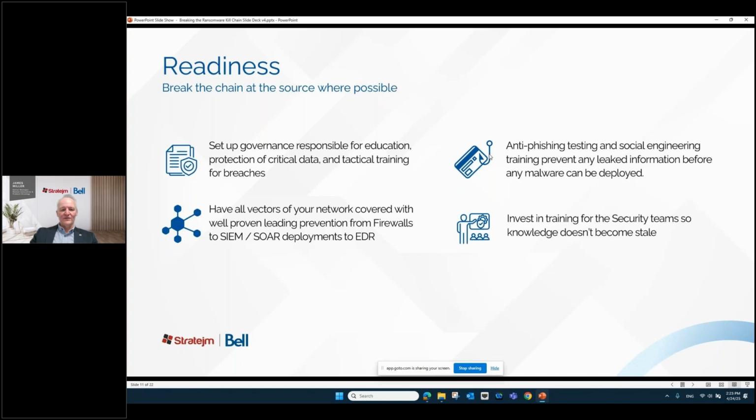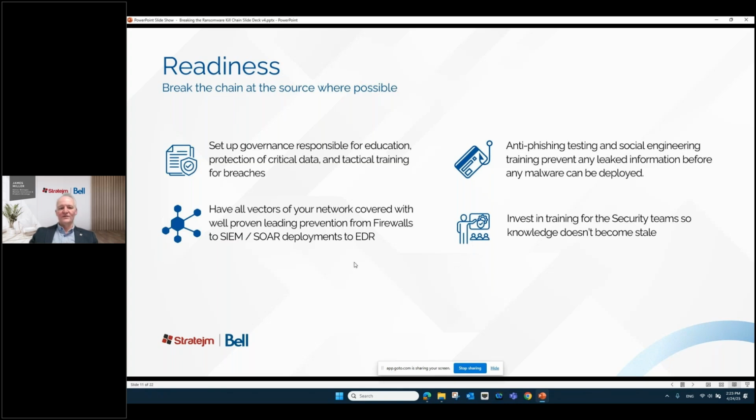And that will include not only having a firewall, but having the latest next gen technology in a firewall, in an EDR, to stop them before they get in, and also to protect the critical data. So when they try to grab it, the door is locked and they can't get in. And then to make sure end to end, you're covered with visibility of some kind with SIEM and SOAR deployments.